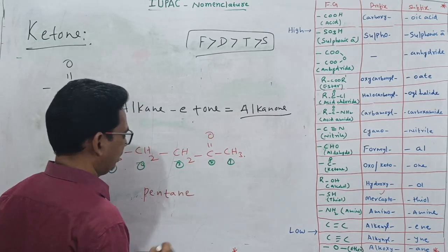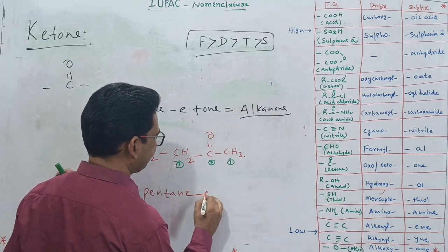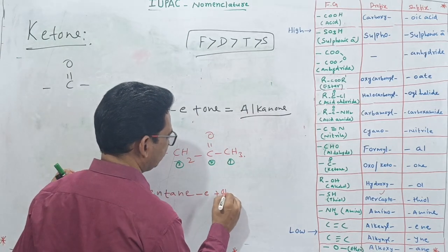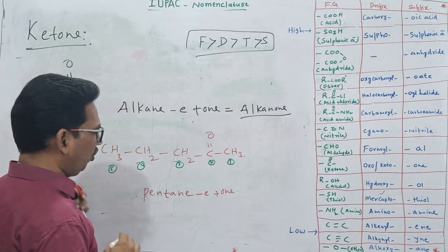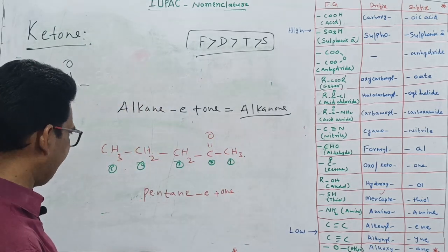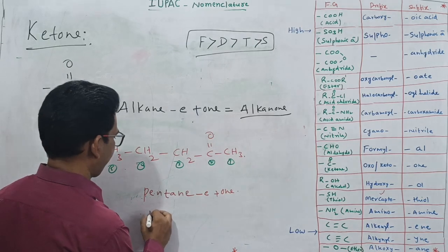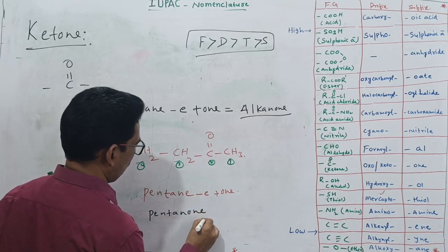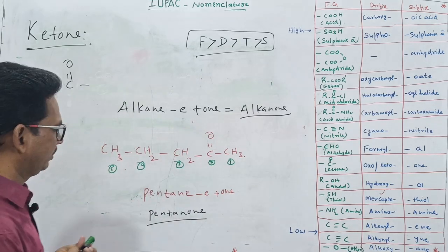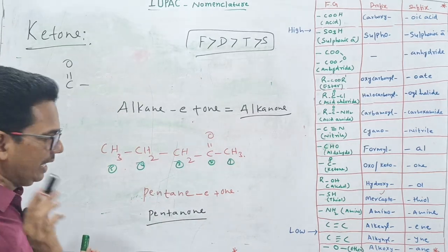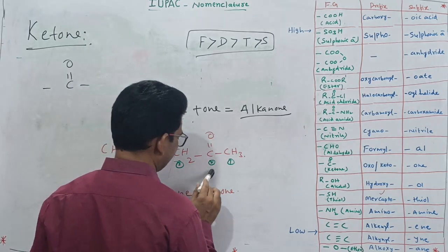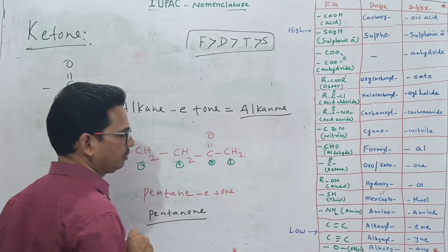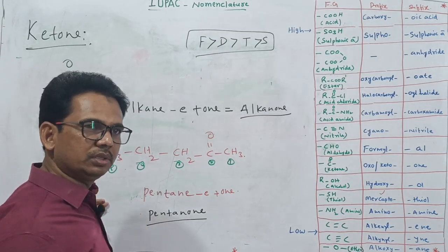Pentane minus e plus on, then what we have to write as the name? Pentanone. Here the ketone is at the second position, so you can write pentane-2-one.